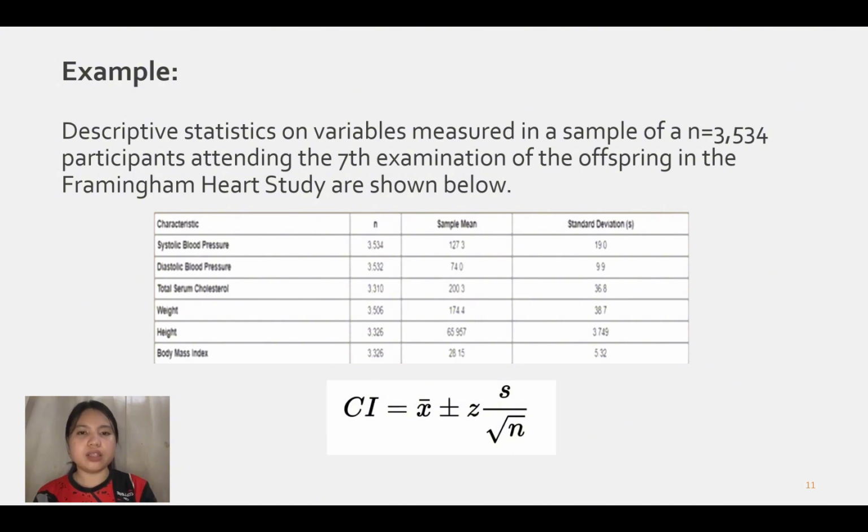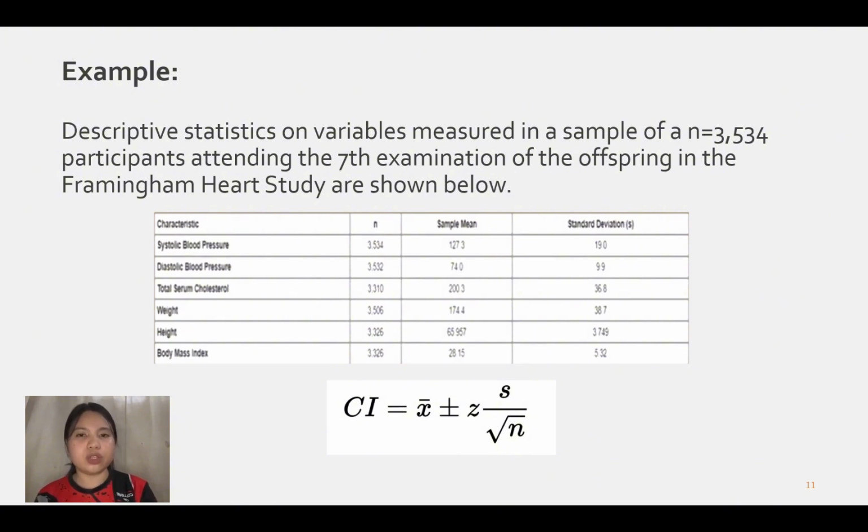By calculating the right side, we have the value of 0.63. By subtracting 0.63 from 127.3, we have the value of 126.7, and by adding we have the value of 127.9.